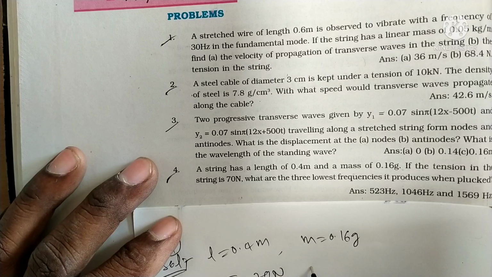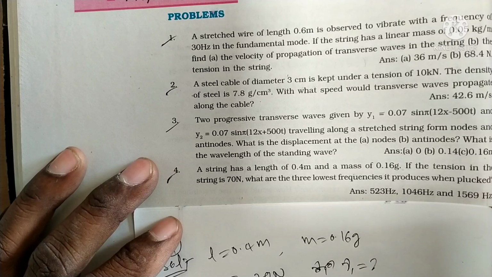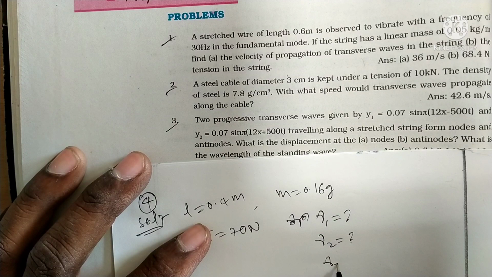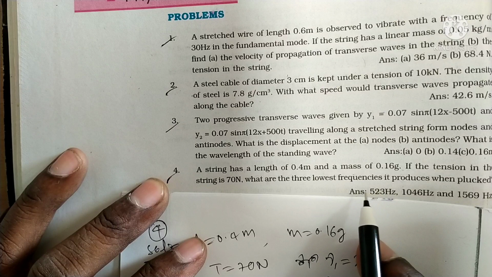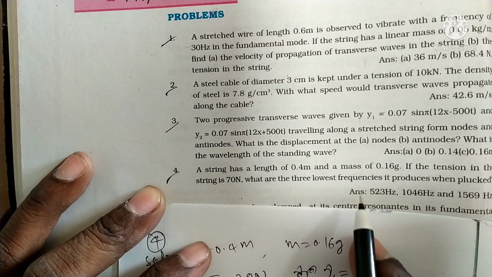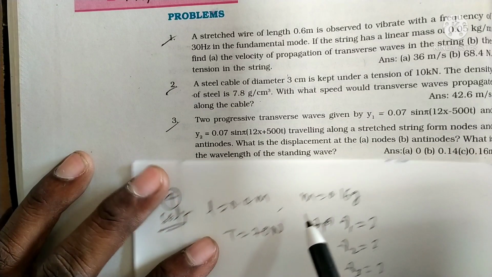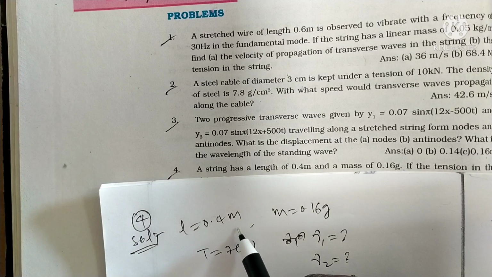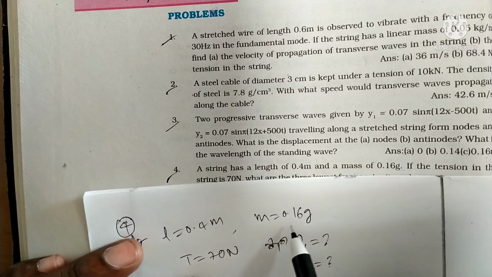What are the three frequencies it produces when plucked? That means, what is nu 1, nu 2 and nu 3, the fundamental frequencies, the three frequencies that occur. The length is given as 0.4 meters, and M is 0.16 grams.